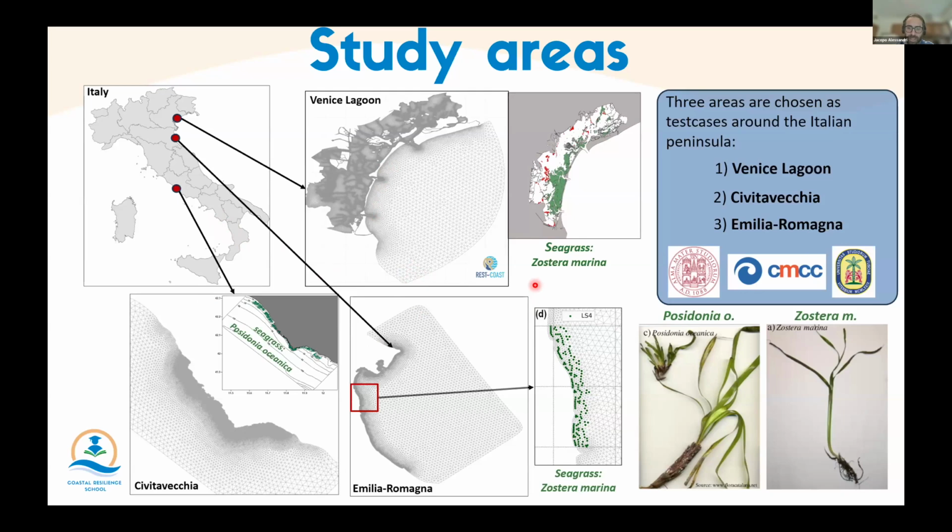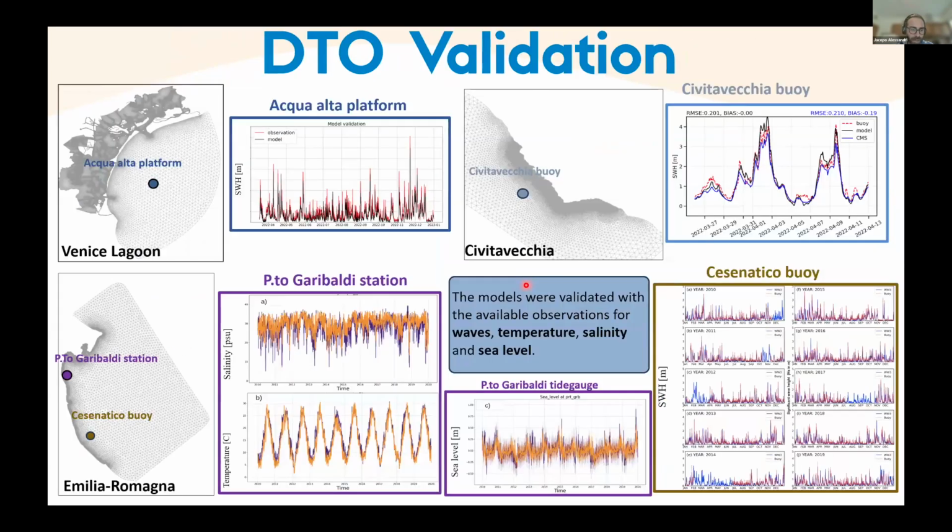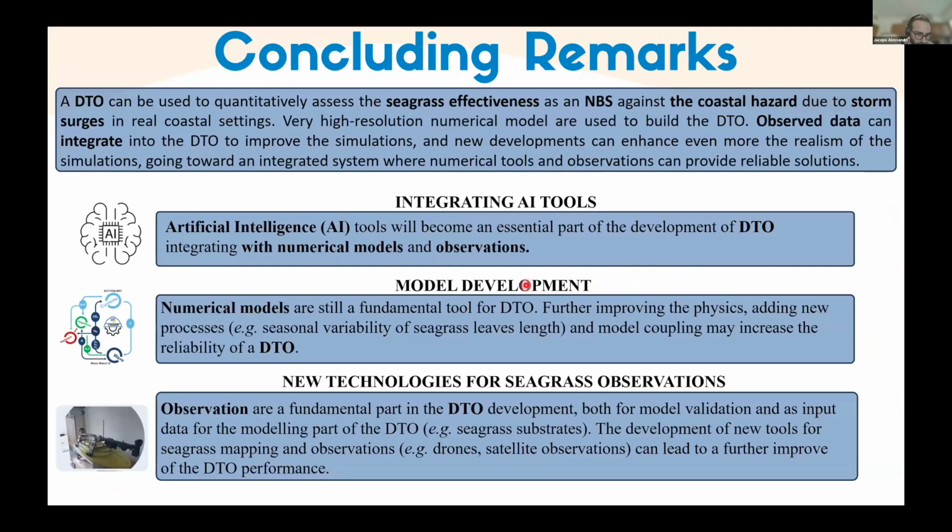For instance, in CMCC, this is a drone that people in Civitavecchia are working on, and they try to adapt it to be useful for seagrass measurements, like the leaf length, and also to quantify the density per square meter of seagrass.